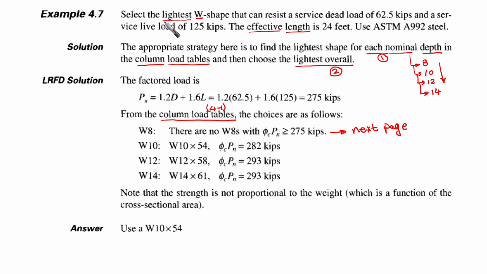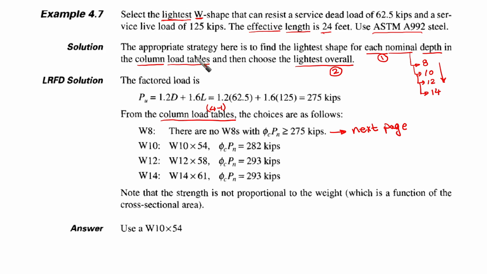Select the lightest wide flange shape that can resist a service dead load of 62.5 kips and a service live load of 125 kips. The effective length is 24 feet, and we are going to use ASTM A99 steel.